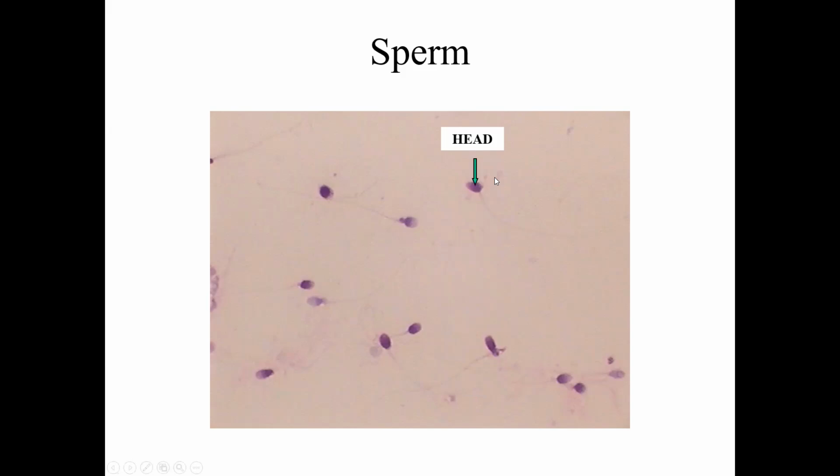Anyway, the sperm head has the digestive enzymes. All these enzymes are essential to penetrating the layers around the egg. The egg has two distinct layers, and the sperm have to digest away those layers to get in there. It takes thousands of sperm to do that.